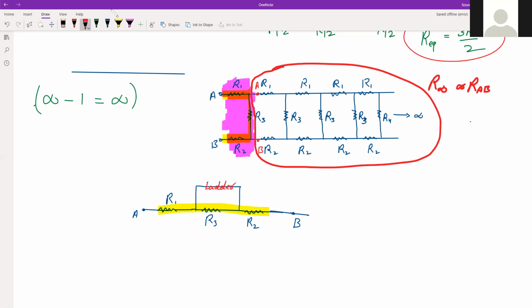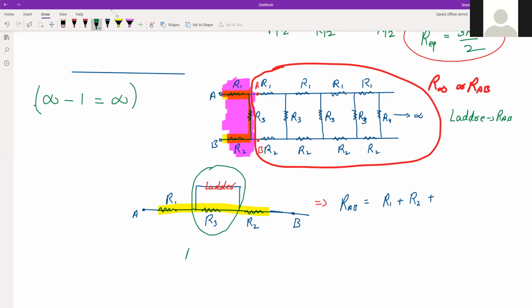So from this, I can say that RAB is equal to R1 plus R2 plus, if you see this part, this is the parallel of R3 and the ladder, and the ladder is again nothing but RAB. So R3 and RAB are in parallel.